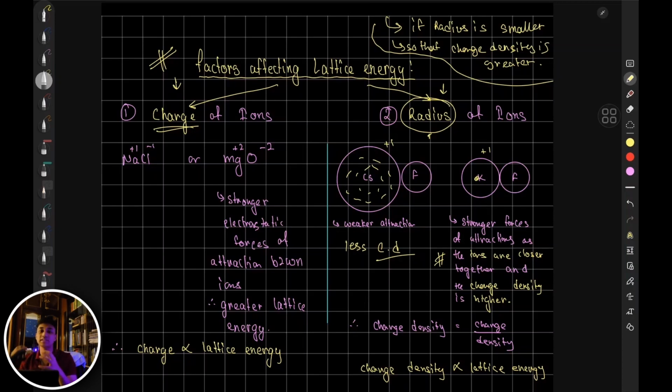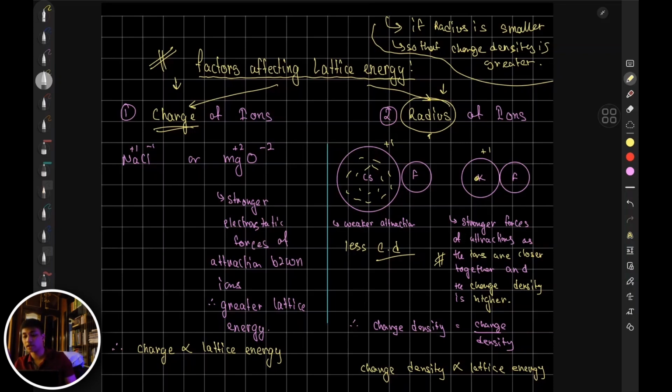As a result, it cannot keep the cesium fluoride intact in a stable manner. The compound is far weaker compared to potassium fluoride, where the charge density is higher and the nucleus is closer. The distance between the nucleus and the outer shell is smaller. As a result, it has a greater pulling force.